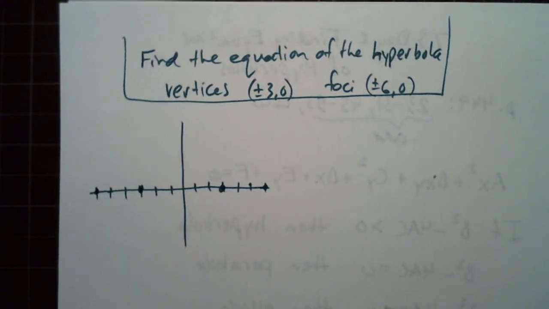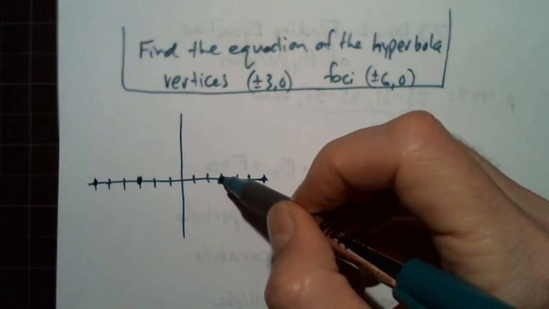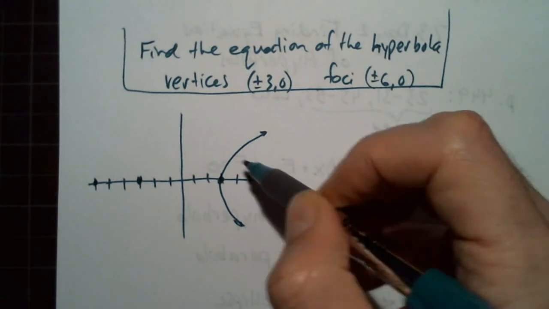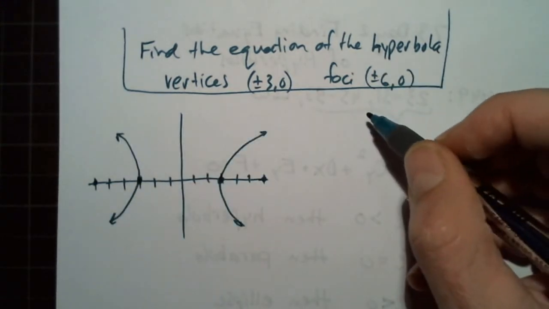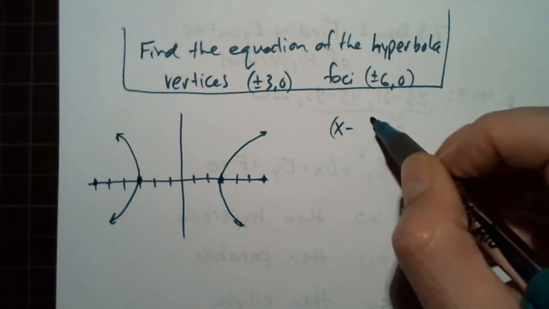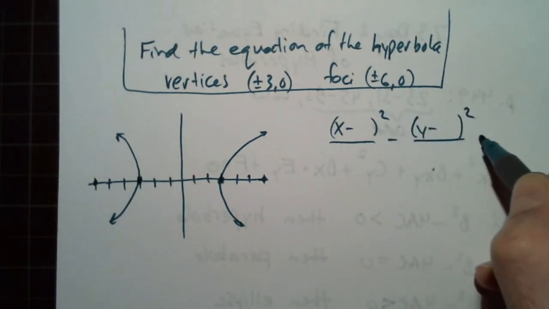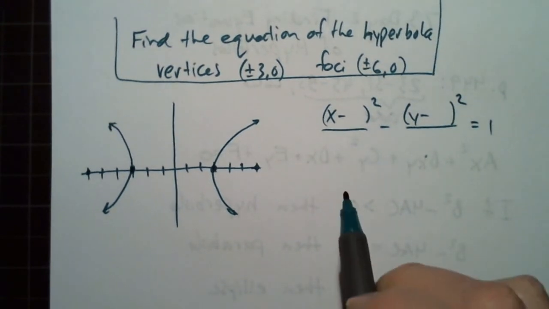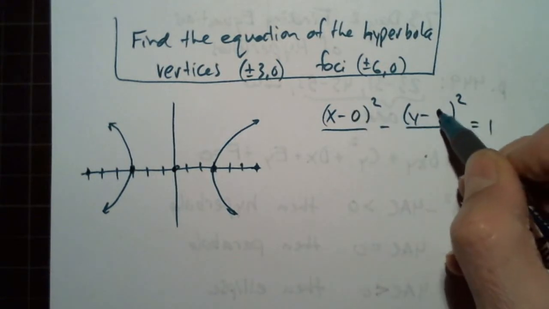So if that's all we know, the hyperbola has to go like this around the foci, and that tells us that in the equation we're going to have x first, so it's x minus something, and we know that the center is 0, 0, so we can put that in.